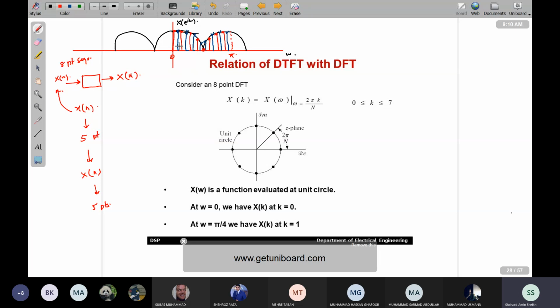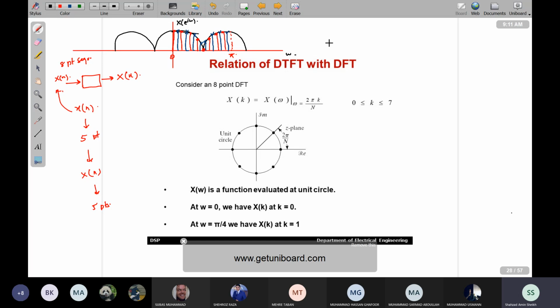We know that X of e to the j omega is defined on the unit circle. This is your z plane, the complex plane, with real and imaginary axes, and this is your unit circle. By definition, X of e to the j omega is defined on this unit circle. That's why we place z at r e to the j omega, and at r equal to 1 your X of e to the j omega is defined. We have talked about this so many times. So this is a continuous thing. Whatever you see here would be continuous, and that continuity is shown here. This is an envelope that you can see.